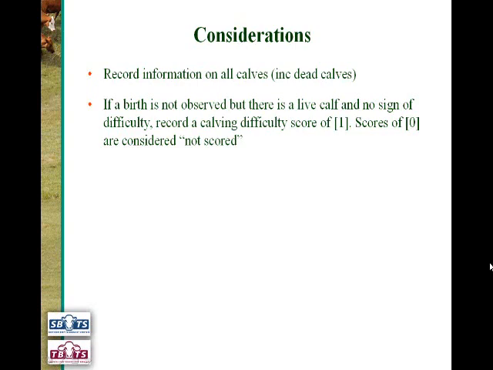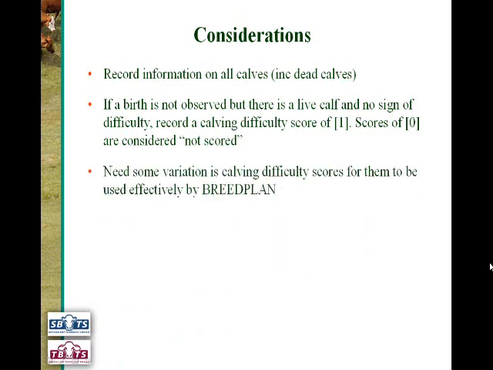So you don't need to actually observe the calving to record a calving difficulty score, and certainly if you put a score of 0 in, it may still be on some of the forms that it's unobserved. The interpretation of that is basically that the birth has not been scored for calving difficulty. So you'd be putting those calving difficulties in on all animals and using a score of 1 for the unassisteds.